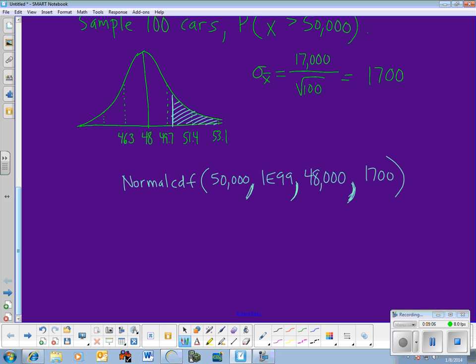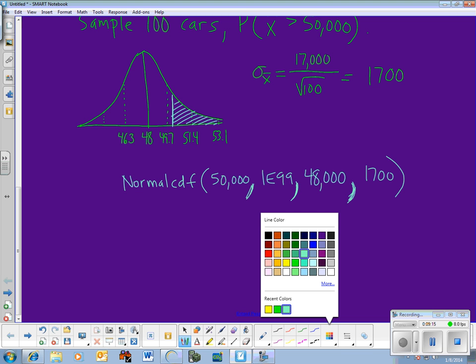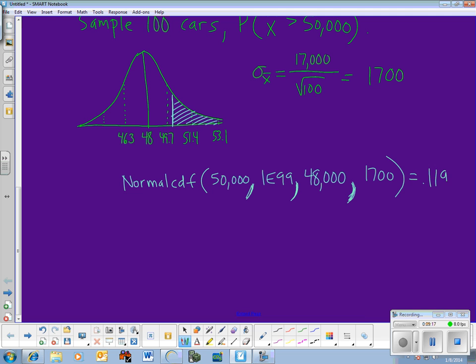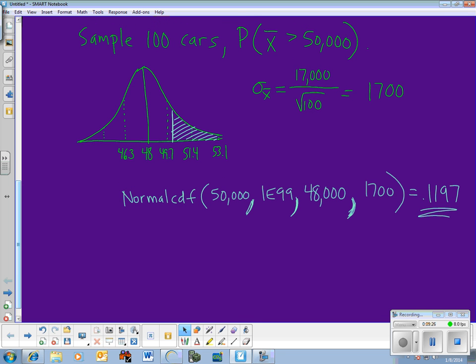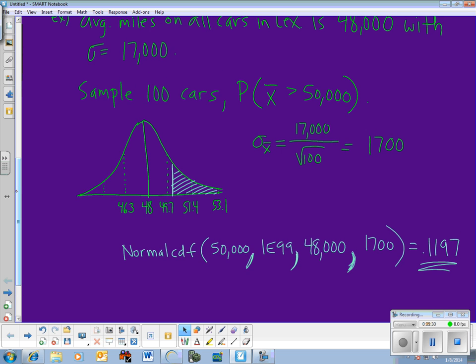So this probability is coming up. That calculation, and I got 0.1197. So about 12% is the chance that I could go out and look at 100 cars, average up their mileage, and still get an average of over 50,000, assuming that the actual number is 48,000.